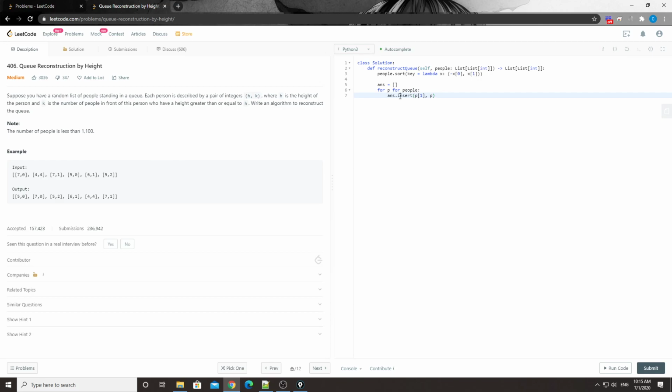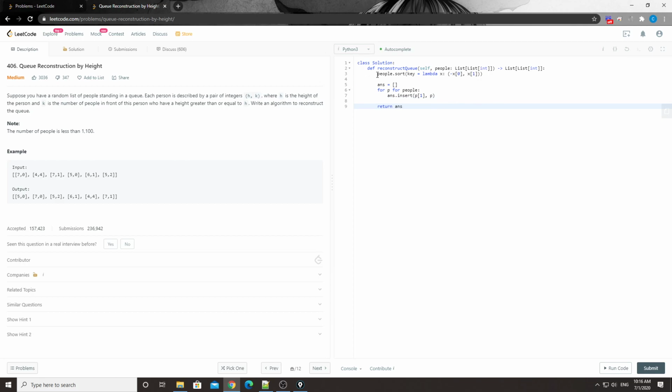That's the definition of insert here. Basically, we specify the position we want to insert at, and what value we want to insert. So the position will always be the index on the second one. And then in the end, we simply return the answer.